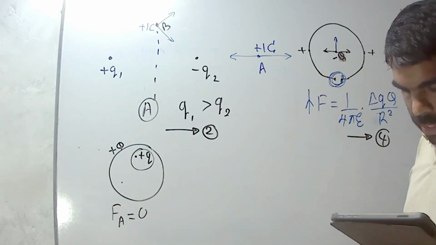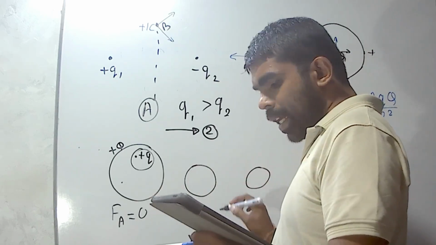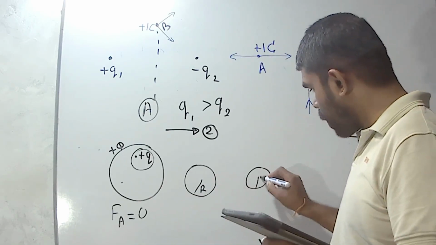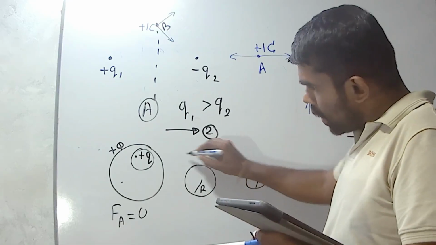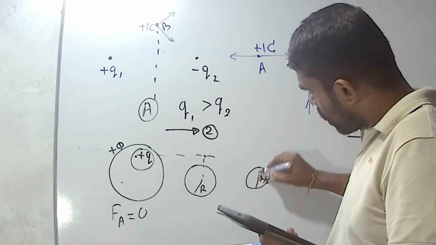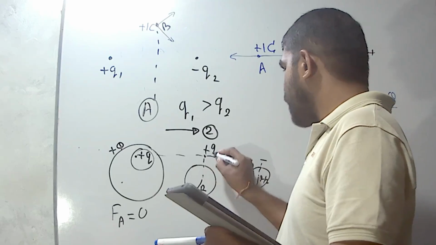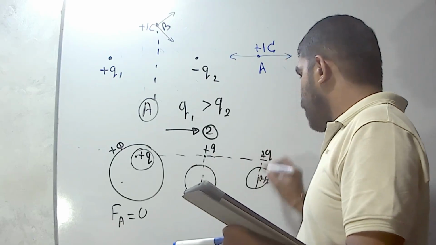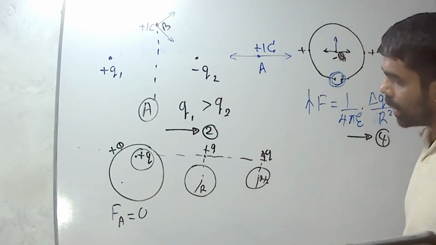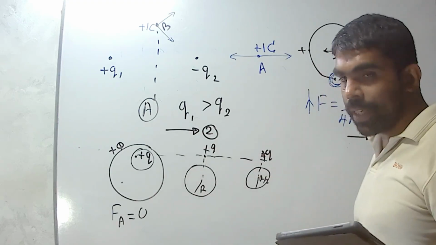But in the second one and third one, we have considered different radius, r over 2. Charge is at the same distance from this radius and the same charge plus Q. When considering an outer point, we can get that the total charge is at the center of the sphere.